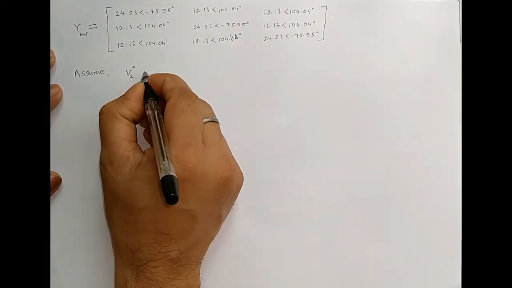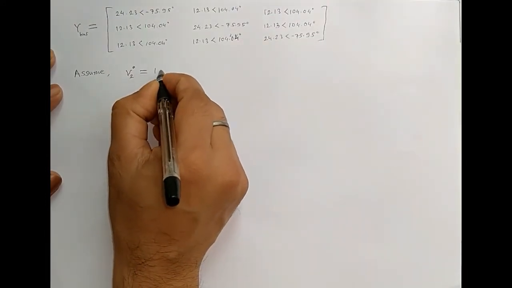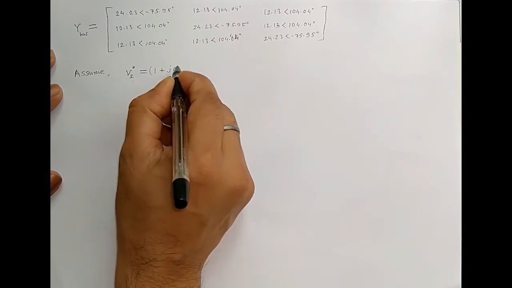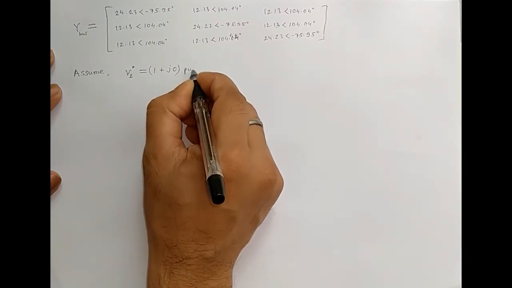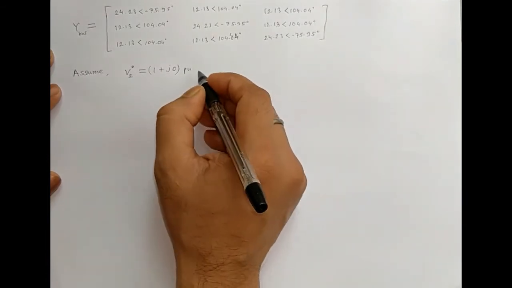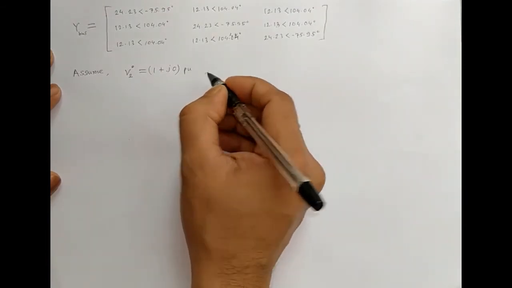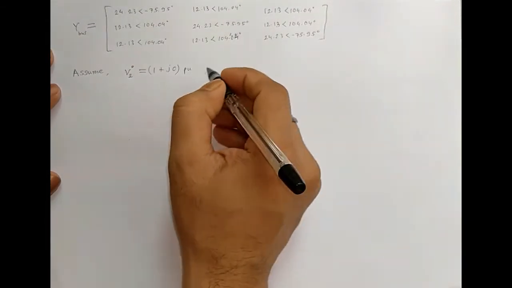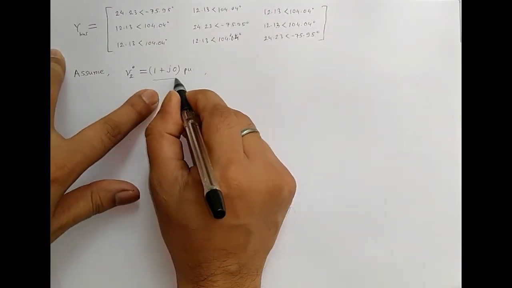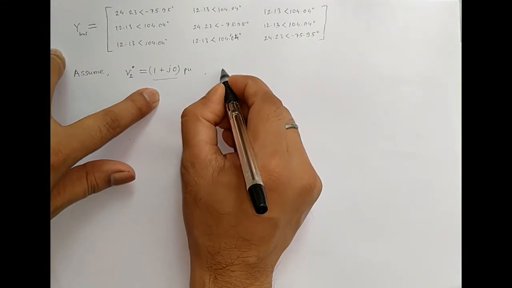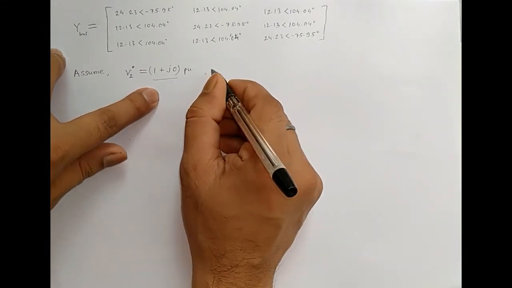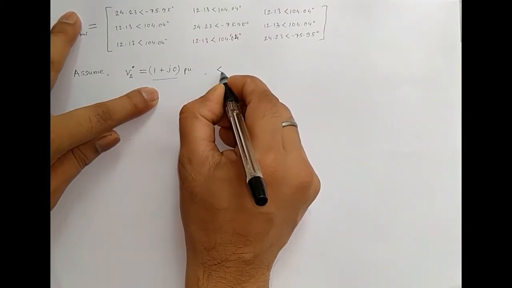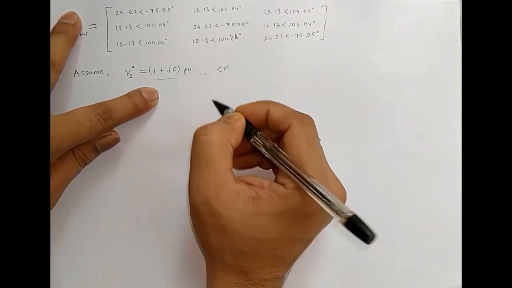V2 0 will be the value we have assumed in per unit, and since we have assumed this one, that means we have also assumed, in an indirect way, the angle is 0 degree.